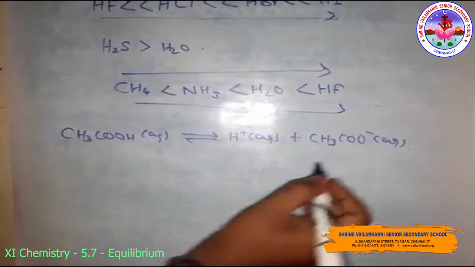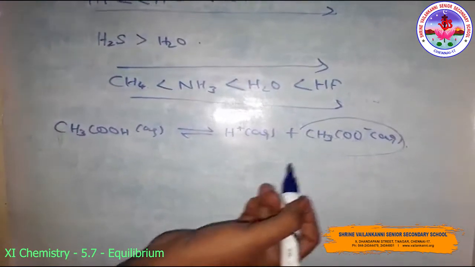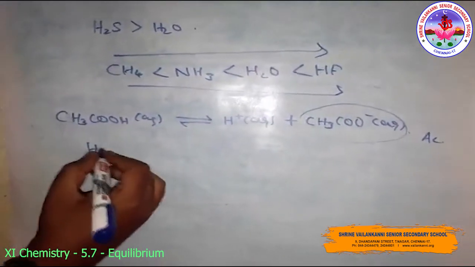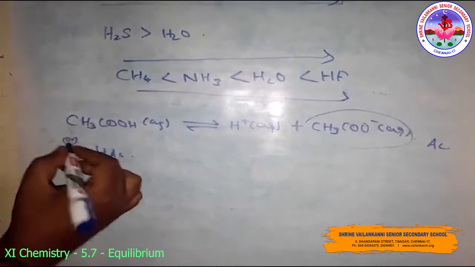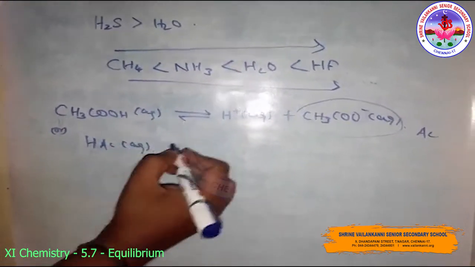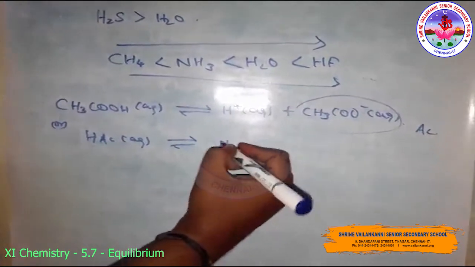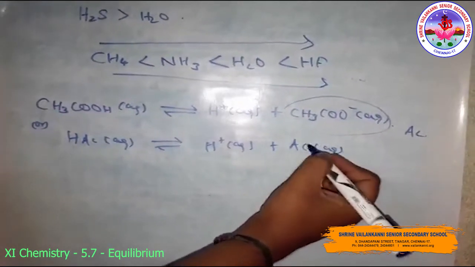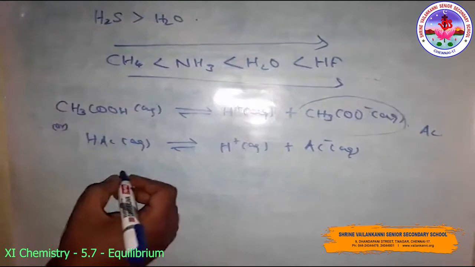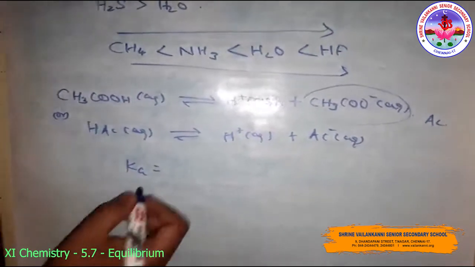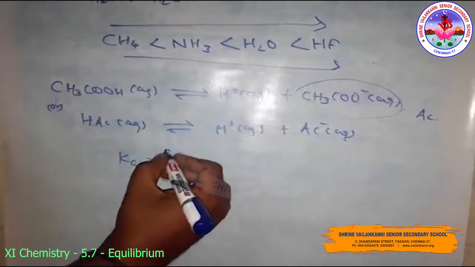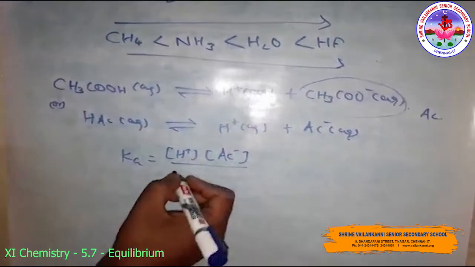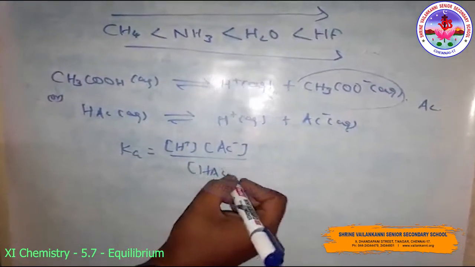The CH3COO minus we can simply represent as AC, so HAC aqueous dissociates to H plus aqueous and AC minus aqueous. For this equilibrium, Ka is equal to the concentration of H plus into the concentration of AC, the acetate ion, divided by the concentration of HAC, acetic acid.